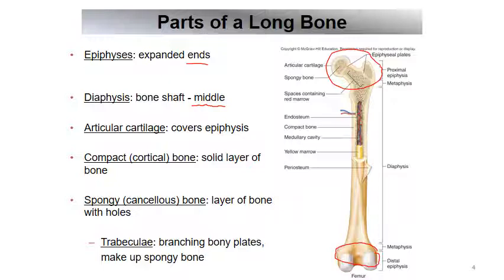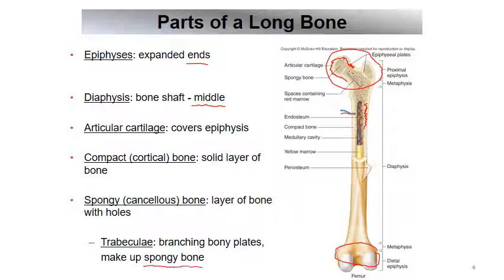Then bones have on the outer part a solid layer, and on the inner parts, parts with the holes. So what you're actually seeing here, the outer part is the compact bone, and the compact bone just goes all around. And on the inside, you're seeing the parts with the holes. That part is the spongy bone. And just know that the trabeculae refers to the spongy bone.